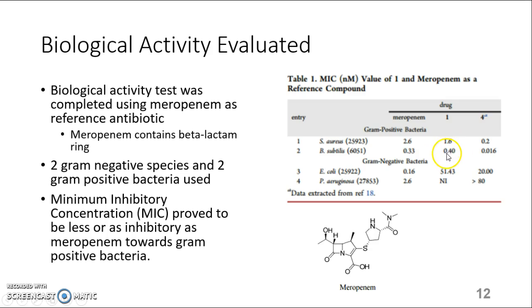Here, as you can see, you have 0.40 and 0.33. This is the concentration at which the antibiotics were used in the cultures. And so tixobactin did prove to be as good or better than meropenem at inhibiting gram-positive bacteria.